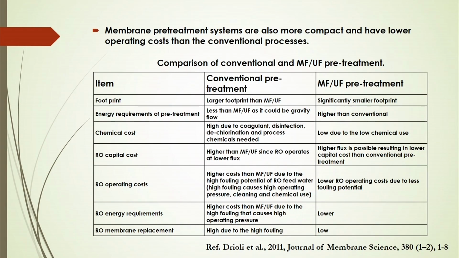So, that is why you can say that there are some pros and cons of ultrafiltration and microfiltration compared to conventional pre-treatment. It may be handled case by case, where microfiltration or ultrafiltration may be more useful than conventional pre-treatment. Mainly for industrial scale, sometimes conventional pre-treatment would be more acceptable than microfiltration and ultrafiltration, whereas for finer particles to be removed, ultrafiltration is required, and conventional pre-treatment will not be useful there.